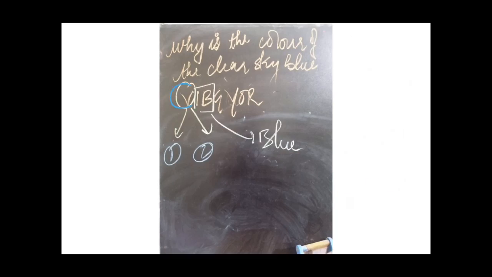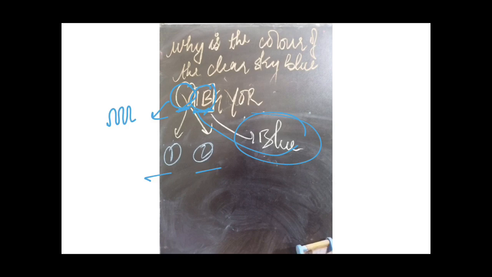Violet is not visible to us for 2 reasons. First reason, its wavelength is too small, smaller than the particle also. And second, our eyes are not sensitive to violet color. It means that our eyes cannot see the violet color, so we see blue color. Now 2 colors are left, indigo and blue. So indigo and blue make a color, blue, that is the sky blue color.